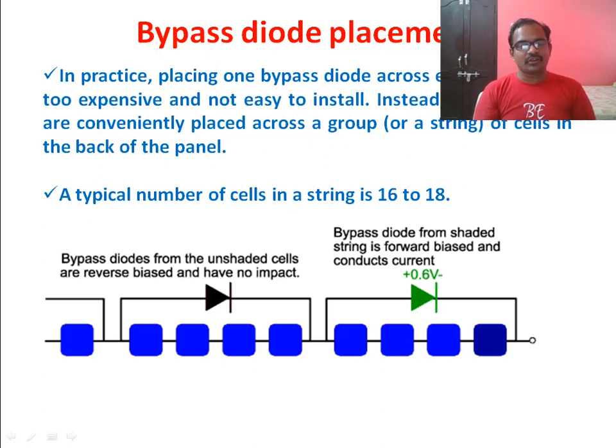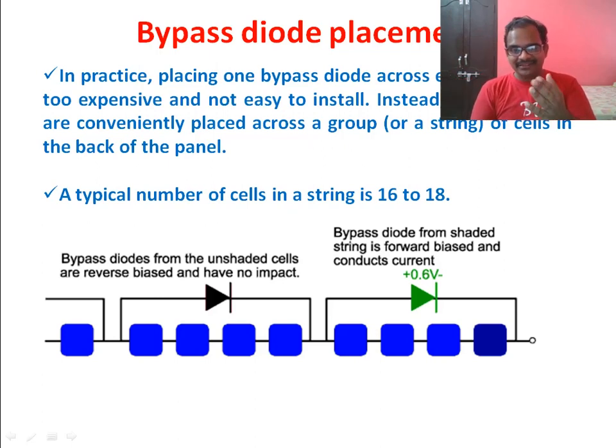If a panel consists of, say, 32 cells, we will connect 2 bypass diodes. For the first 18 cells we connect one bypass diode, and for the next cells we connect another bypass diode.